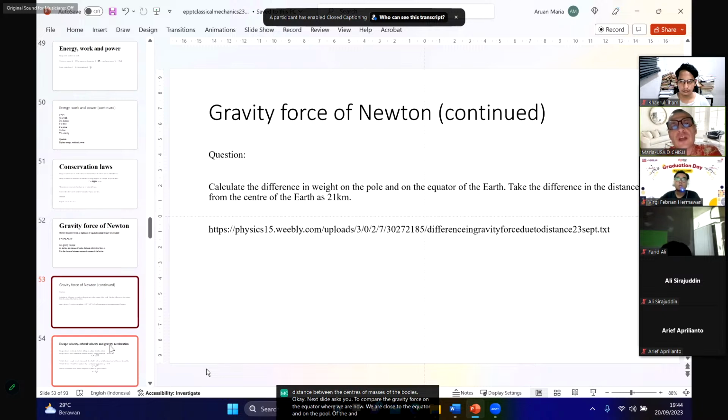The pole is 21 kilometers closer to the center of the Earth than the equator. So therefore, on the pole, the weight will be greater than on the equator. And the code solves that and gives you the answers. Questions?